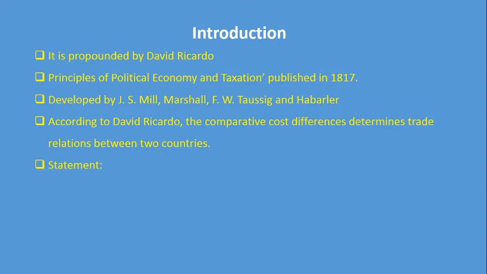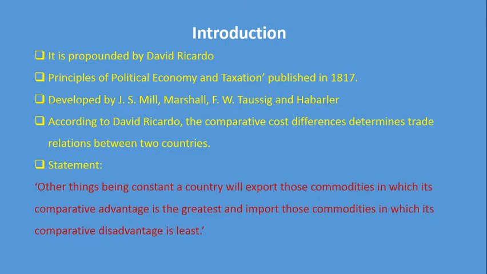This theory is stated by the following statement: other things being constant, a country will export those commodities in which its comparative cost advantage is the greatest and import those commodities in which its comparative disadvantage is least.